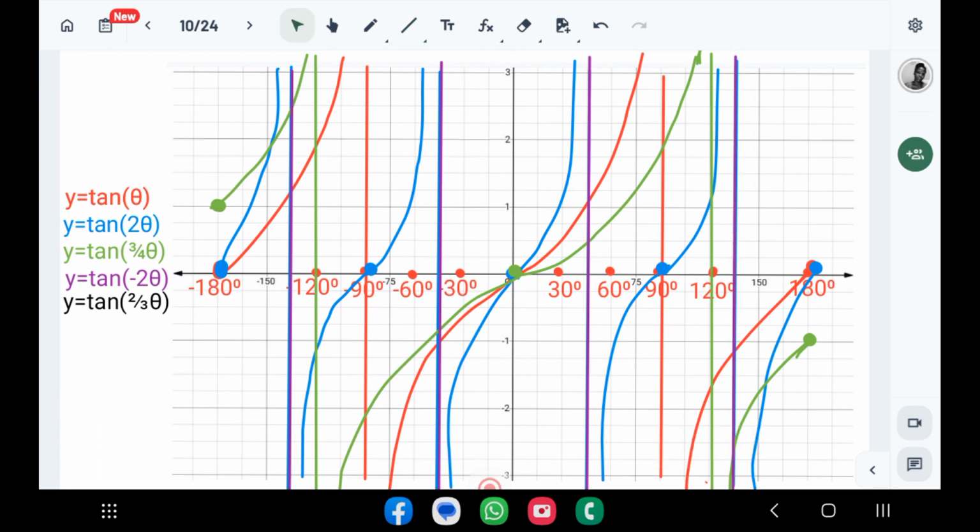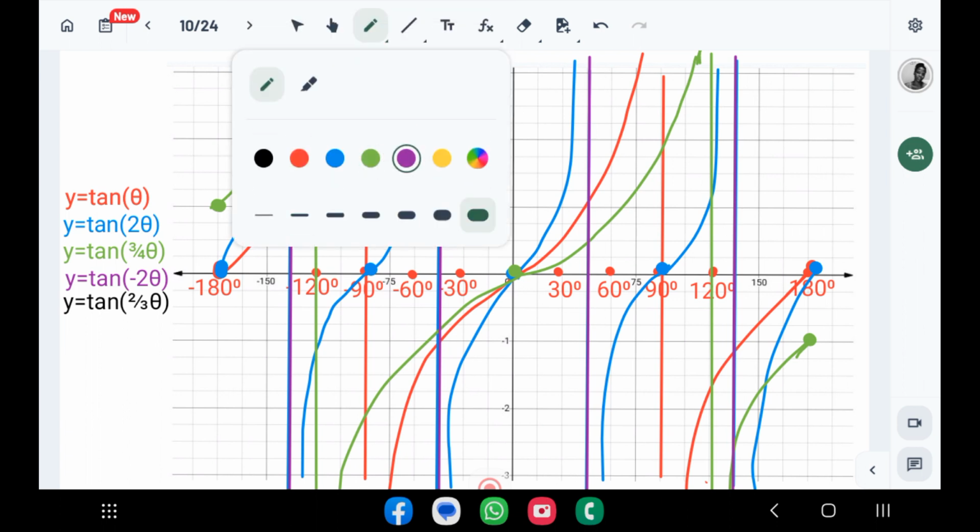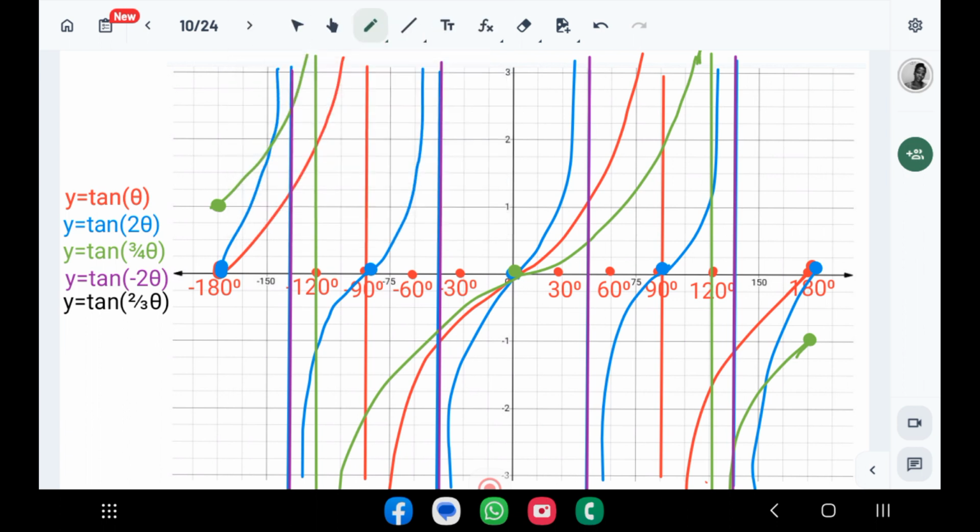Okay, same with our x-intercepts. They are exactly the same place. So the first point is at the origin, the second point is at 90 degrees, and the third point is at 180 degrees. On the left hand side, negative 90, and then negative 180 degrees.